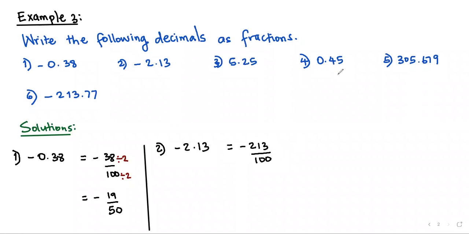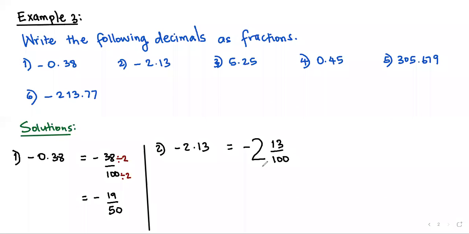I will show you how to do it. We will not write negative 213 out of 100, but instead, now we have negative 2.13. This negative 2, we make it a whole number. We say that we have negative 2. Then this 13, we write it as 13 out of 100.